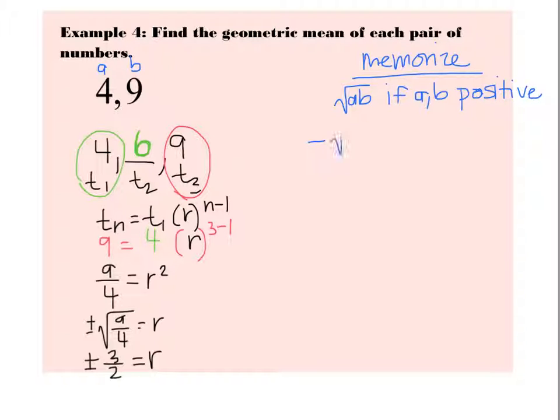And then negative the square root of AB if A and B are negative. So that's also why I used just the positive version of R. This is a shortcut that you can memorize instead of having to do all of these steps each time. Kind of like how there was a shortcut to just finding one arithmetic mean. It was the same as the average.